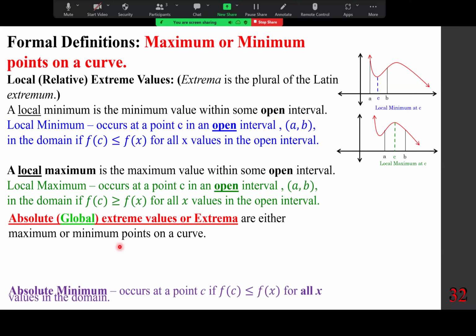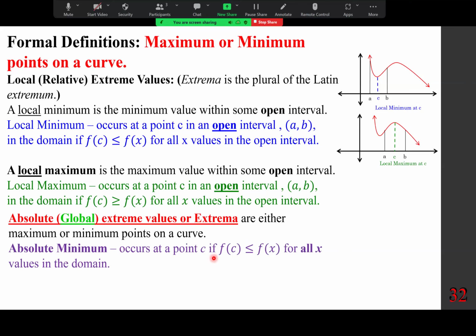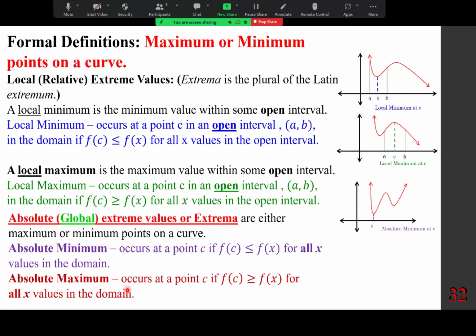So an absolute minimum occurs at the point c if f of c is less than or equal to f of x for all x values in the domain. This is an absolute min. And an absolute max occurs at the point c if f of c is greater than or equal to f of x for all x values in the domain. So that's an absolute max.